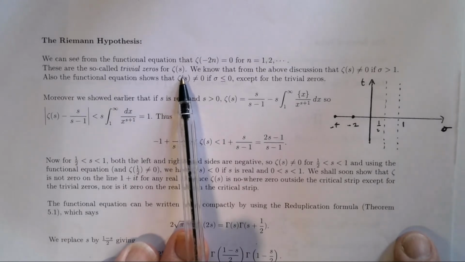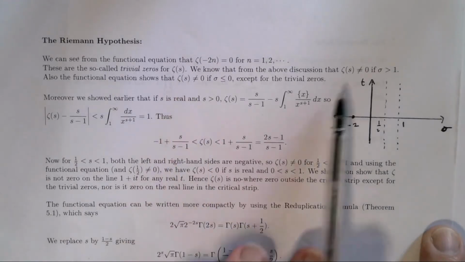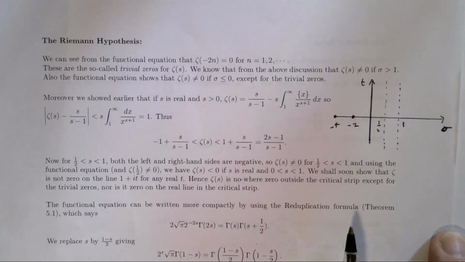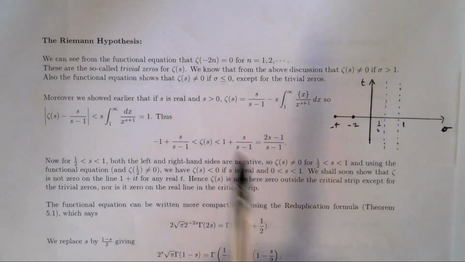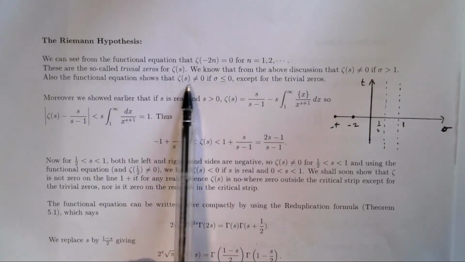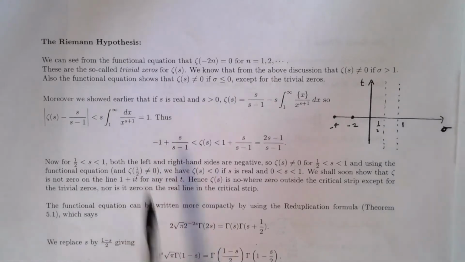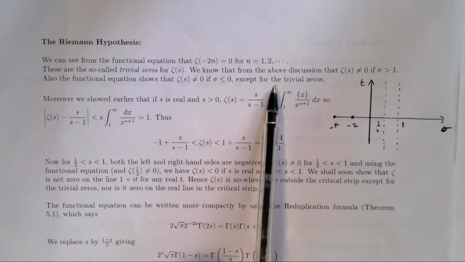Now I've just shown that zeta of s is not 0 if sigma is bigger than 1. So the functional equation tells me that zeta of s can't be 0 if sigma is less or equal to 0, except for the trivial zeros.